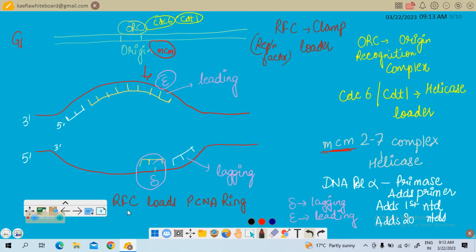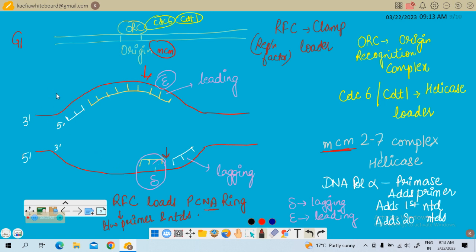Now what's the role of RFC? It will recognize the junction between primer and nucleotide. This is the junction, right? This is the primer, this is the nucleotide. So RFC will recognize this junction between primer and nucleotides. So the PCNA ring is like a clamp, and this is for the delta and epsilon strands.